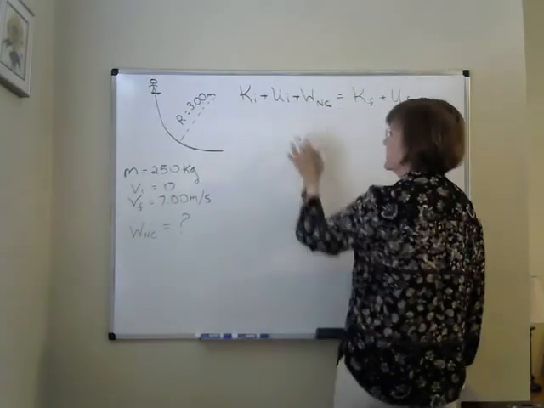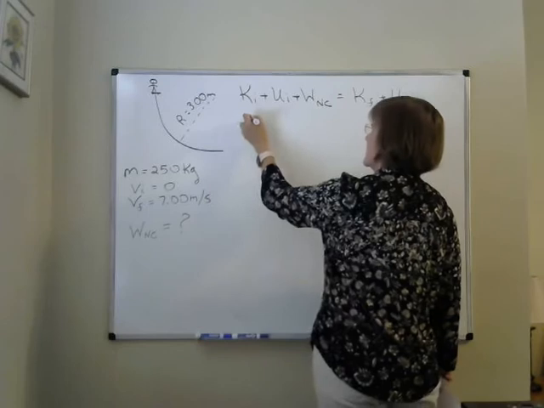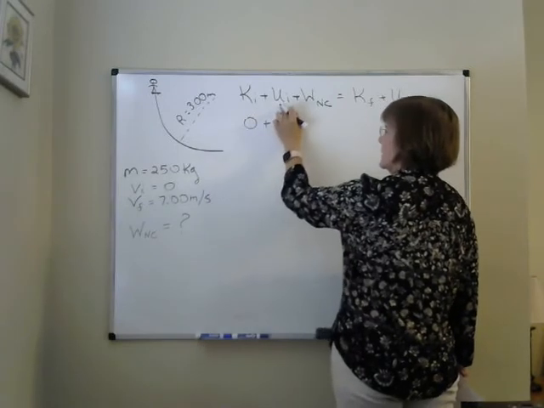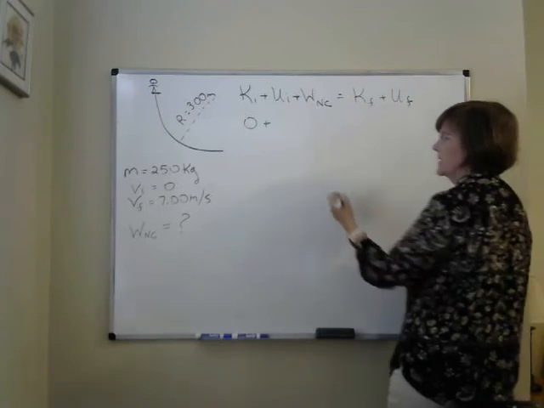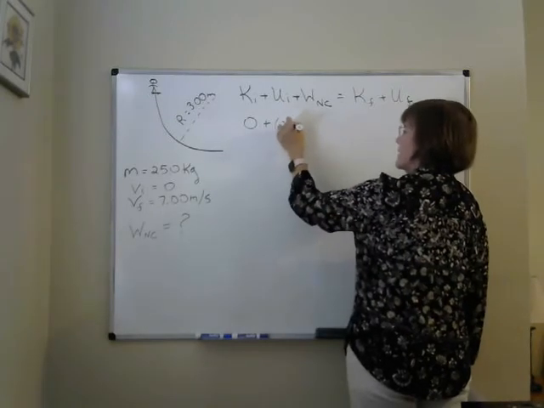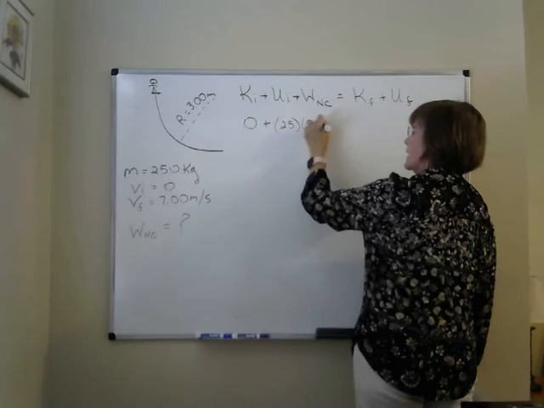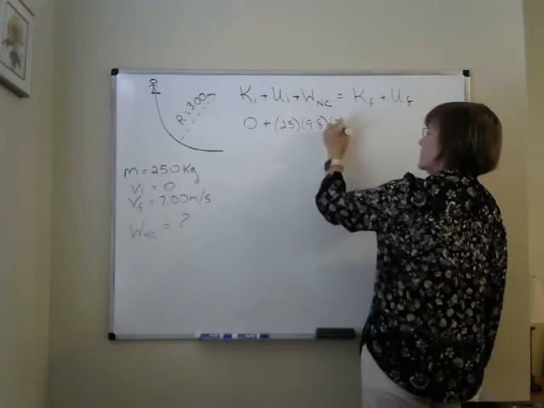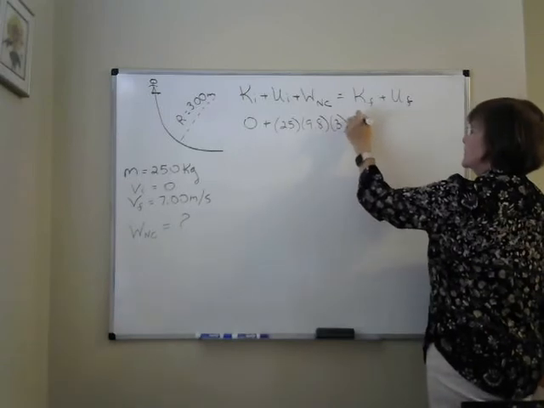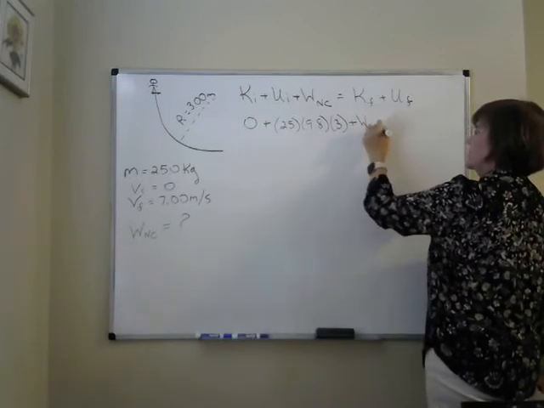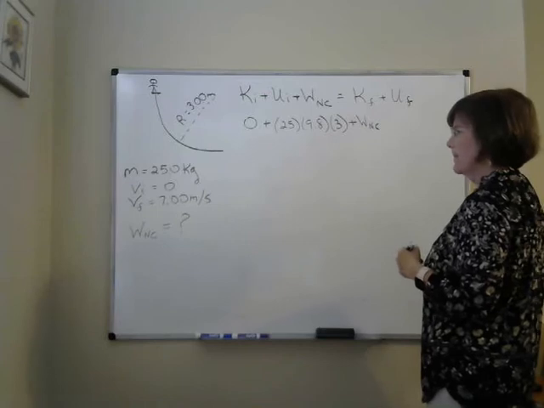So initially this is 0. His initial potential energy, of course, is mgh. So 25 times 9.8 times 3 meters, plus this non-conservative work that's going to be done by friction. We don't know how much that is.